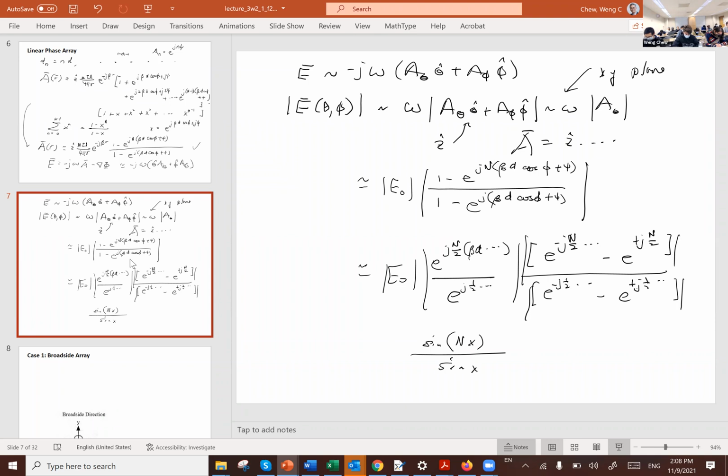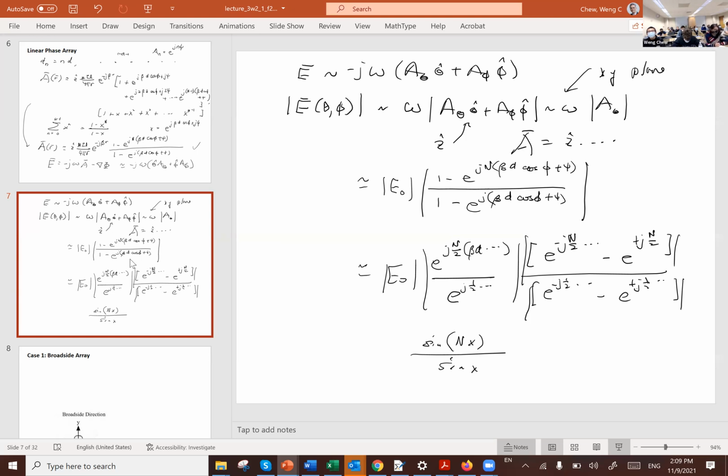Sine of n x over sine of x. If you're a signal processor, what do you call that? Anybody know the name for this thing?